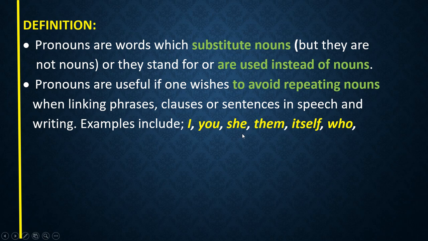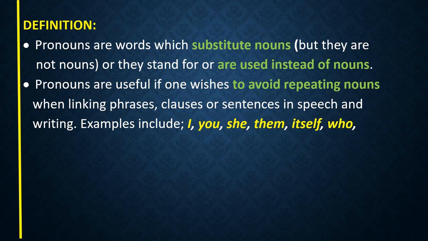Instead of giving a name of a person, we could simply refer to her as she. Then we have them. Instead of referring to them as people, we can refer to them as them to avoid repeating ourselves. Itself. Instead of saying belonging to the dog, we can say, this is itself.